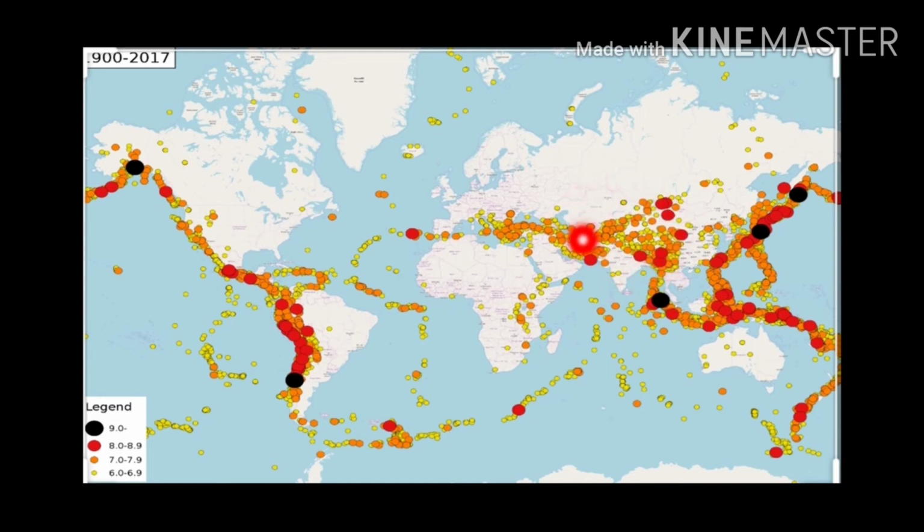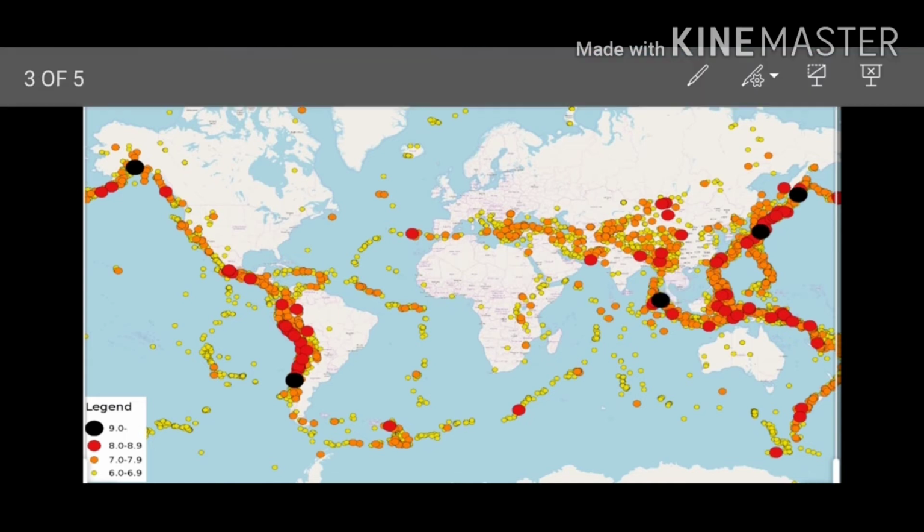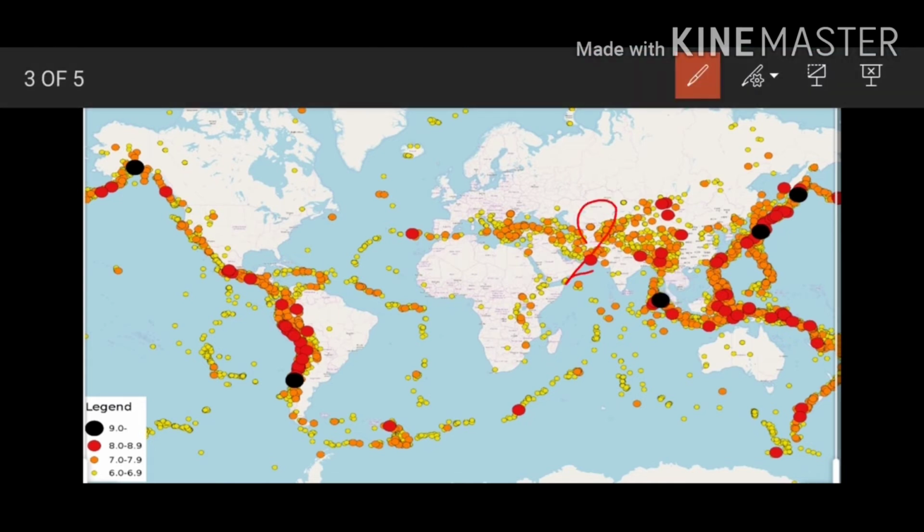The Himalayan belt is an area of young fold mountains and is very much prone to this hazard. This belt accounts for 20% of the total earthquakes of the world. So 20% of the total earthquakes occur in this area and 70% in the Pacific belt. These are the two major belts.